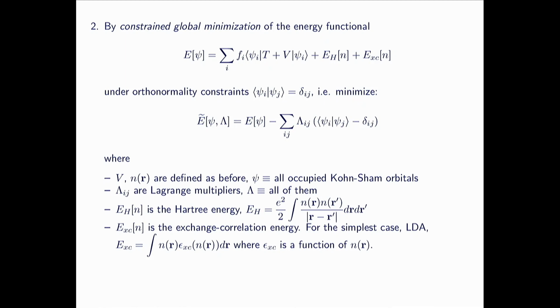There's also another approach, which is sometimes more convenient, sometimes less, but it's basically equivalent. You can say, okay, I have an energy as a function of Kohn-Sham orbitals. Those Kohn-Sham orbitals have to be orthonormal, so this is a constraint I have to impose. But in the end, this is a problem of minimization, of finding a minimum of a function, which is a quite well-known problem.